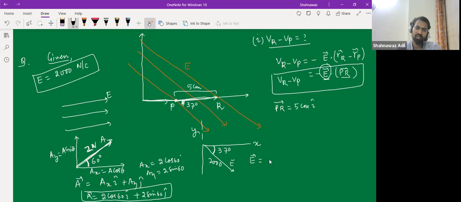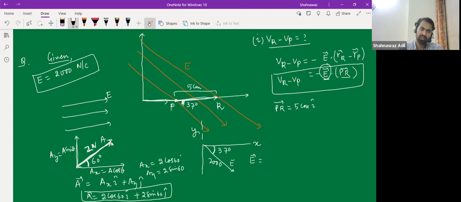What would be the electric field vector? Yes, guys. So we just did this portion here.